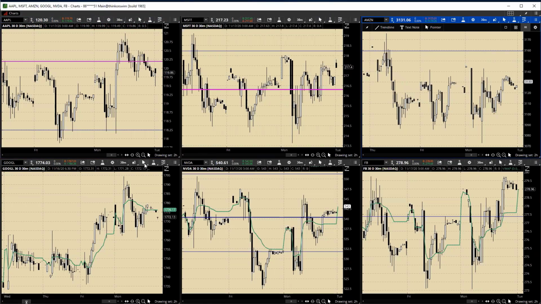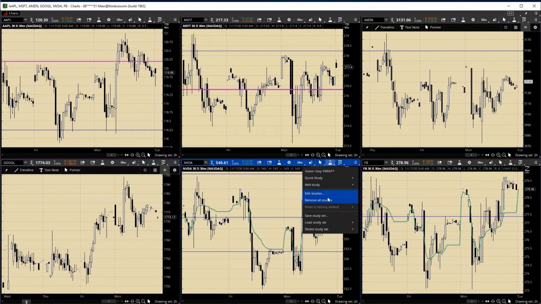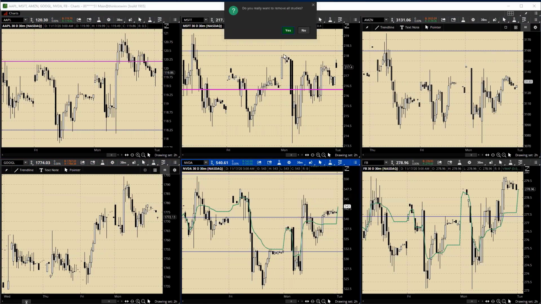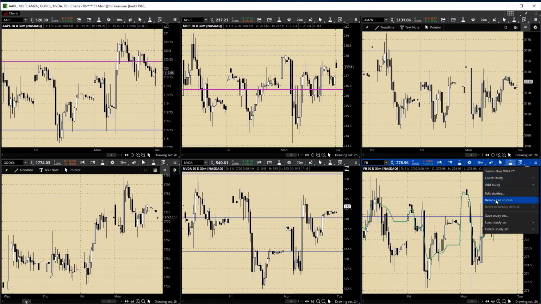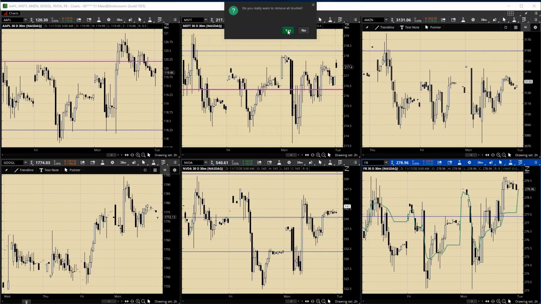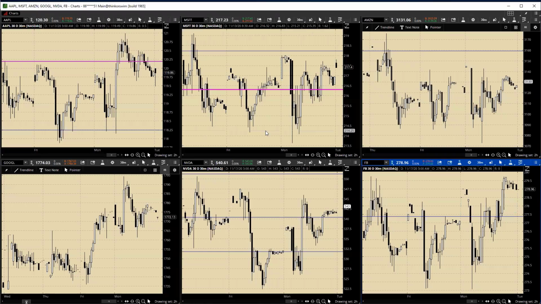And just clean that up a little bit. I had that with same day VWAP, but it doesn't make any sense at this time of the morning, and it'll make it easier to see without that. I was just looking at the 30-minute chart right now.